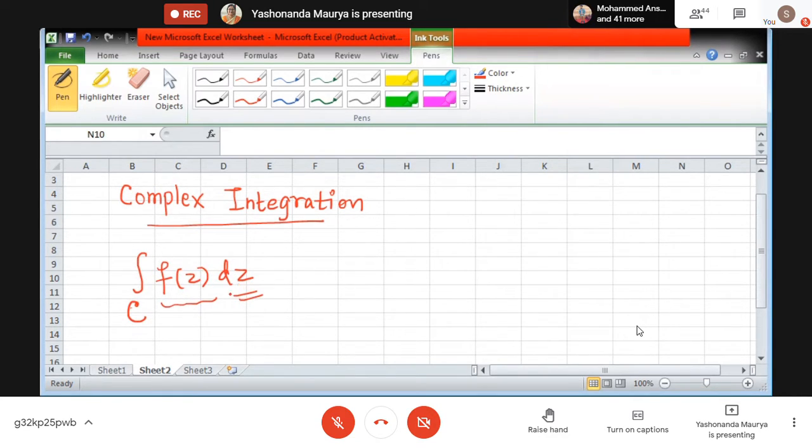Sometimes the function is given in terms of x and y, because z is nothing but x plus iy.